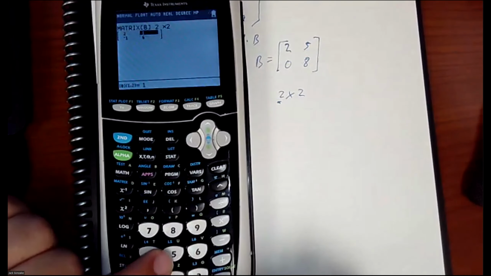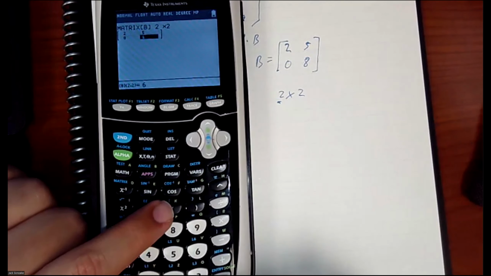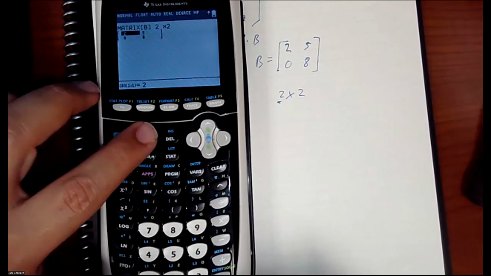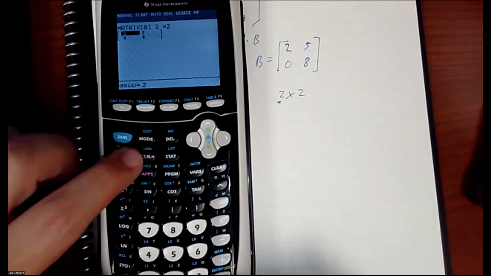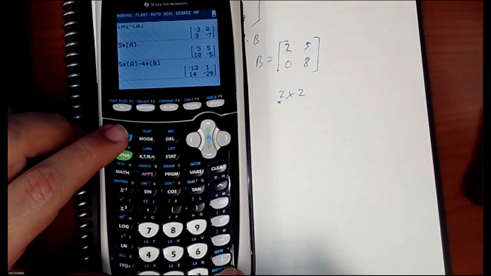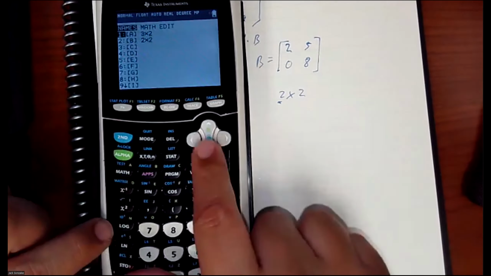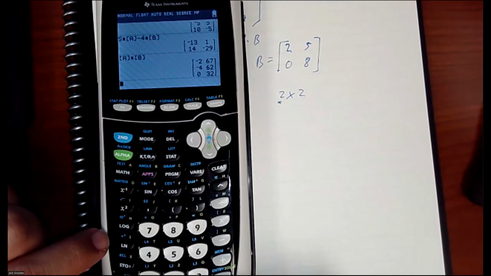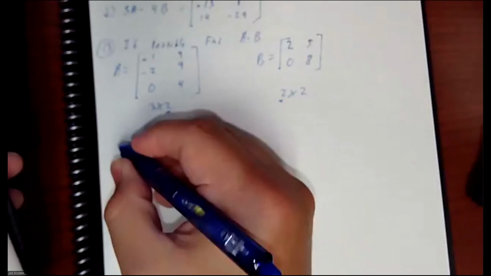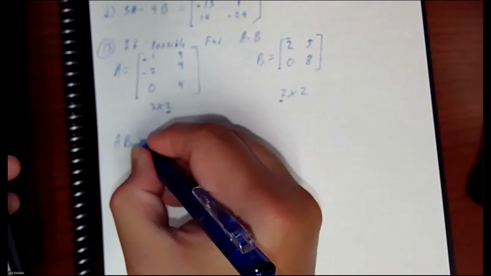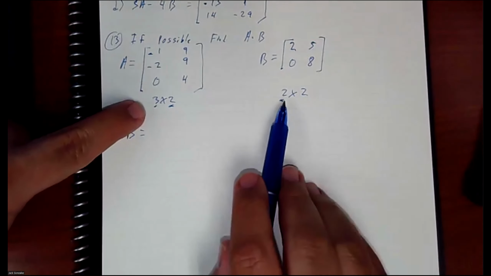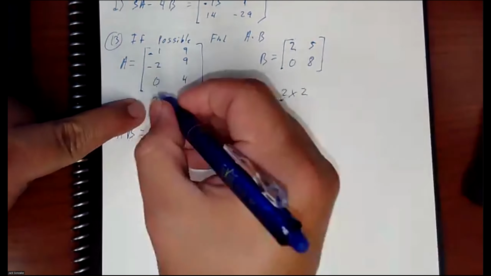So 2, 5, 0, 8. So just go in there and do A times B. Now remember that the result will be the 3 and the 2, the outer ones.